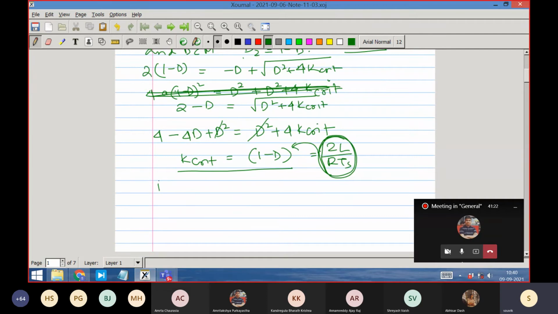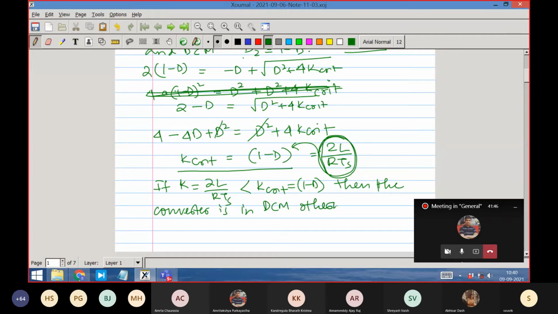So I write, if K equal to 2L by RTS is less than K critical, which is equal to 1 minus D, then the converter is in DCM. Otherwise, it is in CCM, right?